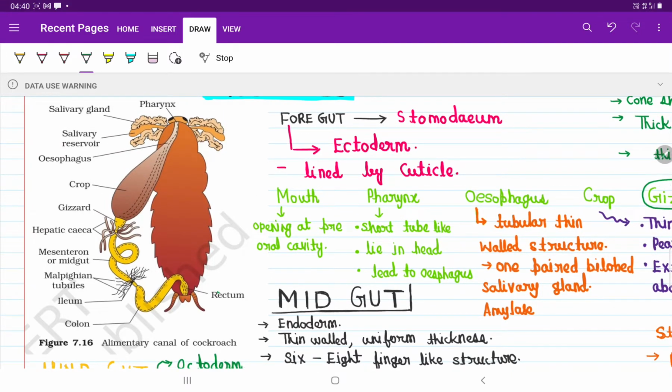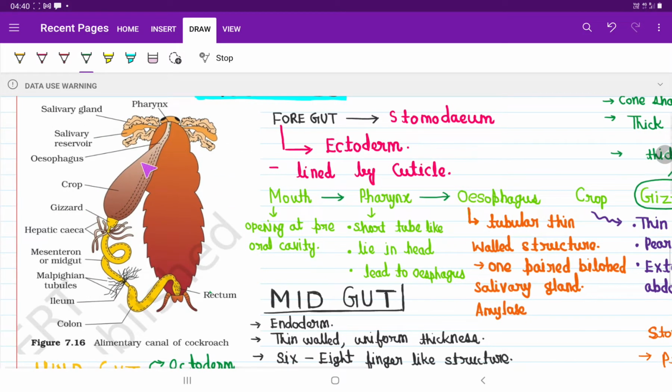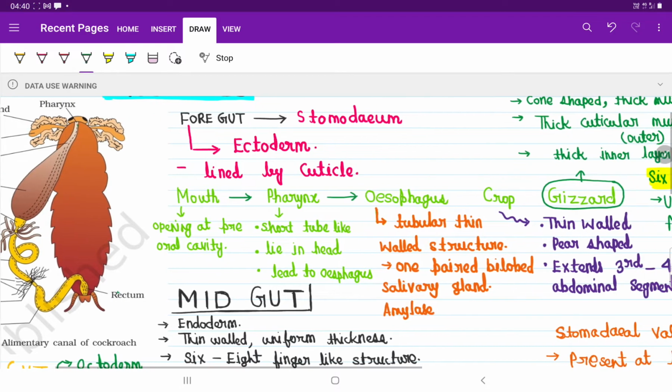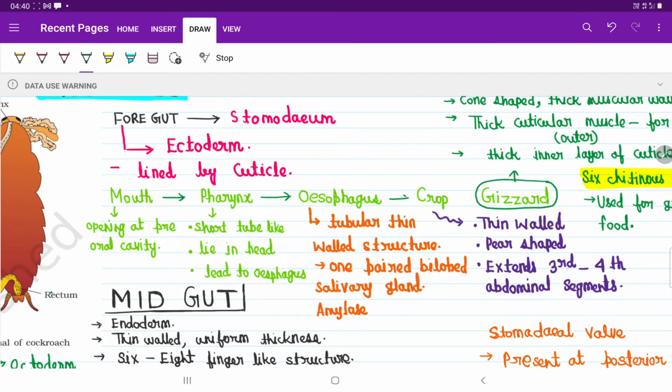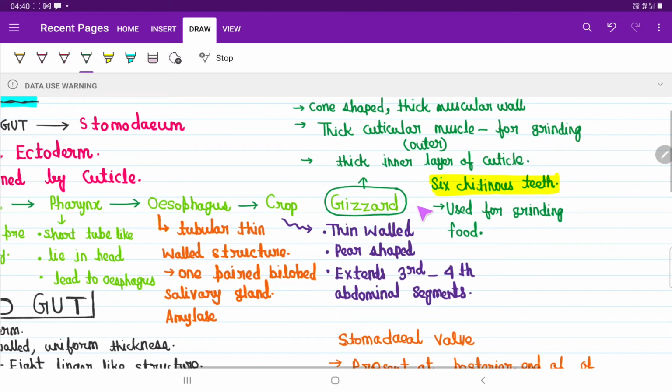Now this foregut includes the mouth, and then the pharynx, a short tube-like structure, and then the esophagus, and then you see a huge bag-like structure, that's called the crop, and then the small muscular structure, that is the gizzard.